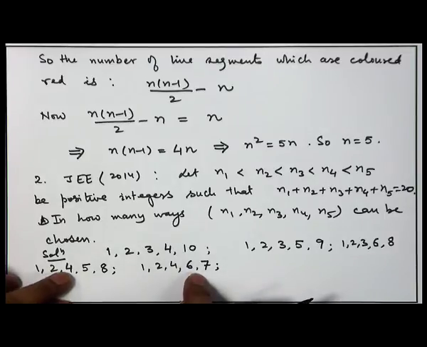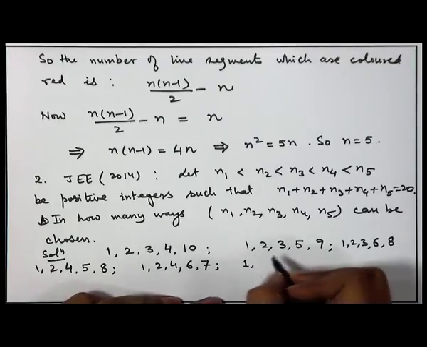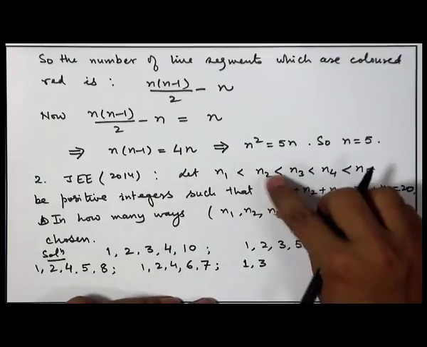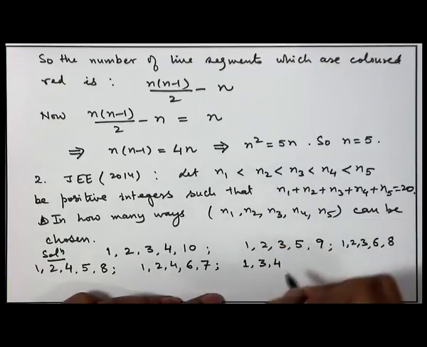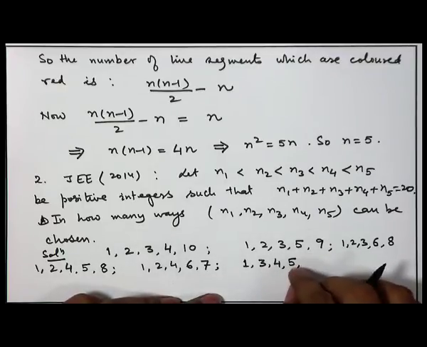Now, let us take smallest n1 and second smallest n2, that means in place of 2 I make it 3. Now, if I take the smallest n3, that is 4, and the smallest n4, that is 5, so now you have 13.